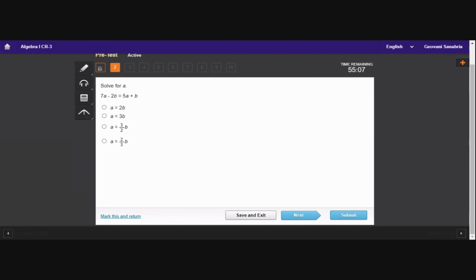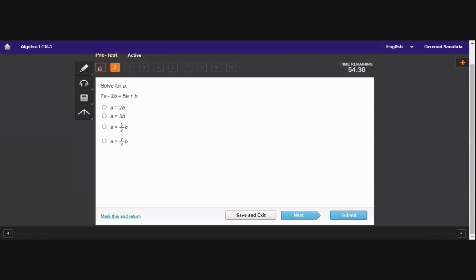2a equals 3b. So if you're solving for a, that means you're trying to get the a by itself, and the 2a is the same thing as 2 times a. So it's 2 times a equals 3 times b.